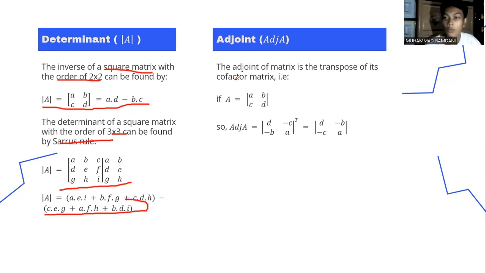Now we have the adjoint. The adjoint of a matrix is the transpose of its cofactor matrix. For example, here we have a matrix whose elements are A, B, C, and D. How do we find the adjoint of this matrix?